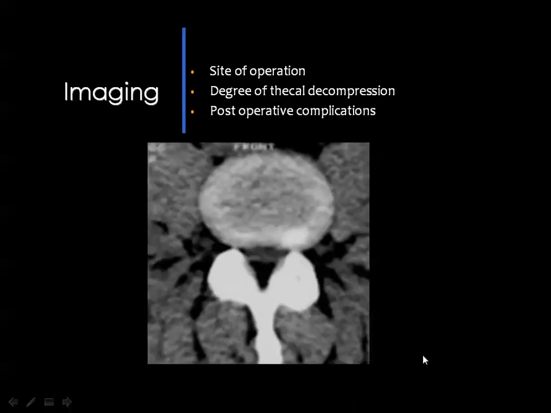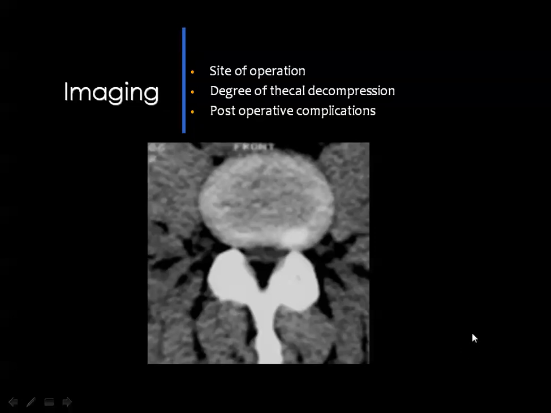Then the aim of imaging of the spine after surgery is mainly to detect if there is any postoperative complications or not. In the early days of MRI and also the days of CT, the most common surgery performed was the spinal laminectomy.